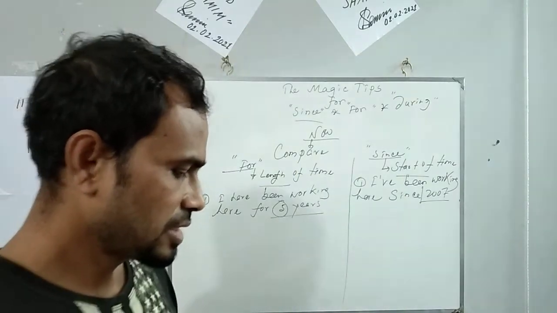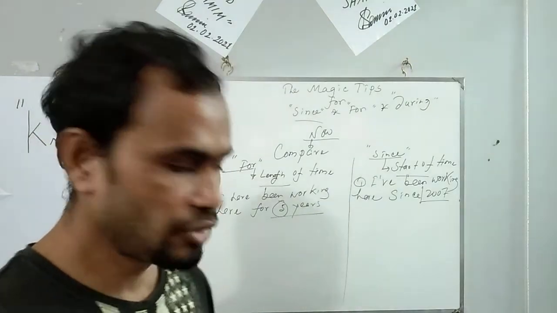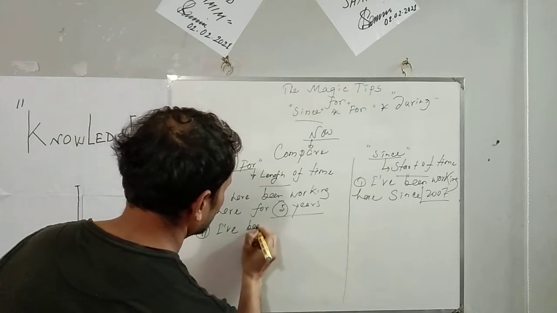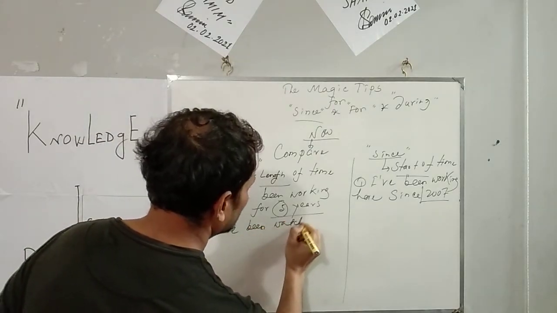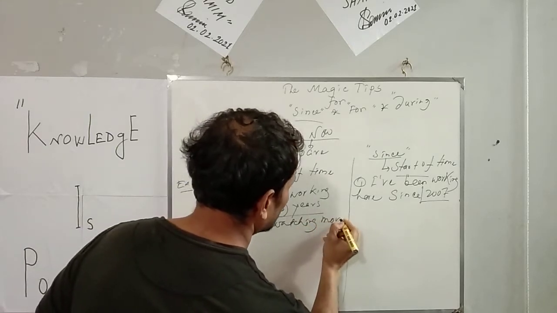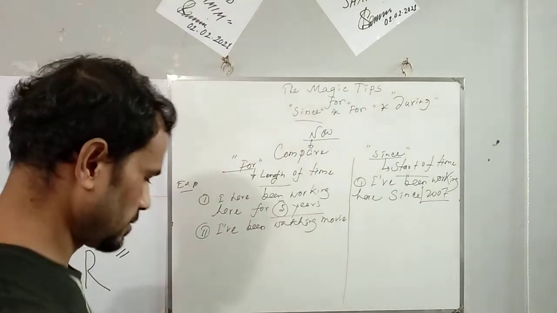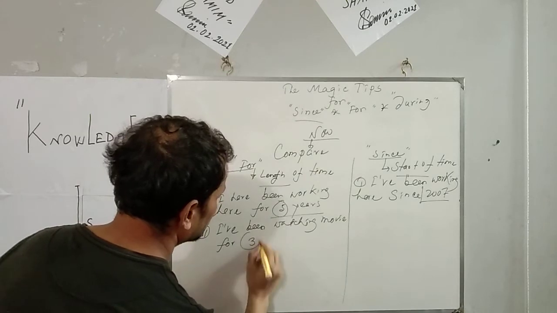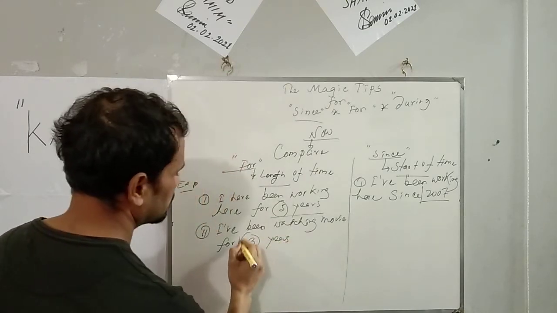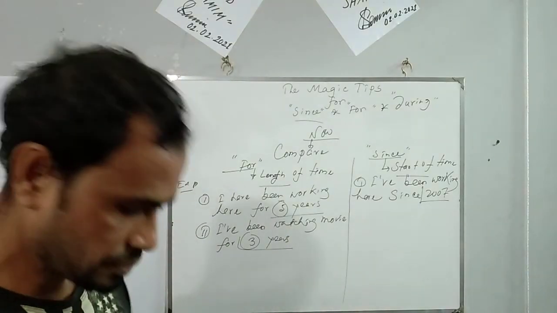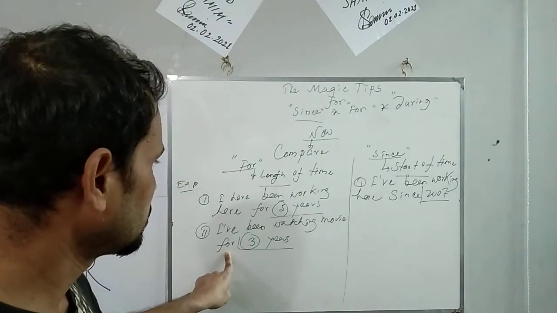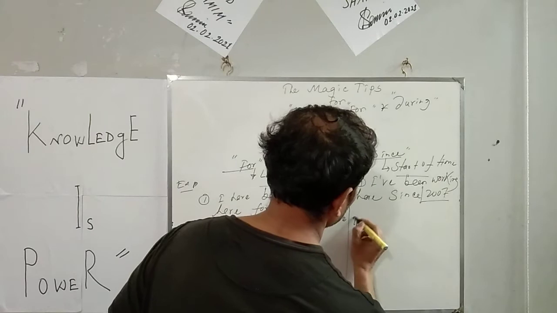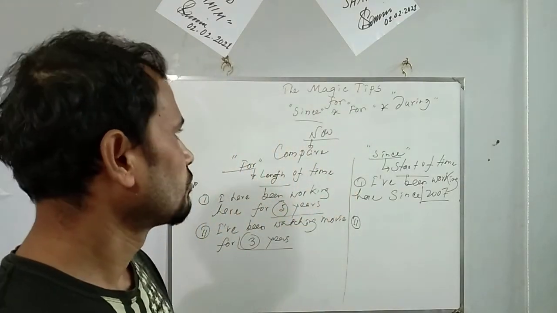Okay. So next sentence. I have been watching movie for 3 years. For 3 years. For 3 years is the length of time. Okay, that's why we use for before 3 years. So we can compare.